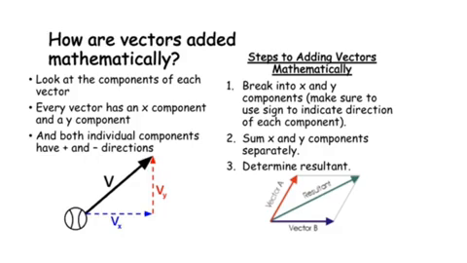If you want to find the resultant, which is the final product, the displacement of that motion, you first break your components into x and y. If we're talking about north, east, south, west, going west is negative x, whereas going east is positive x, north is positive y, and south is negative y.